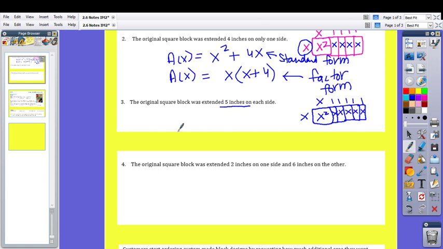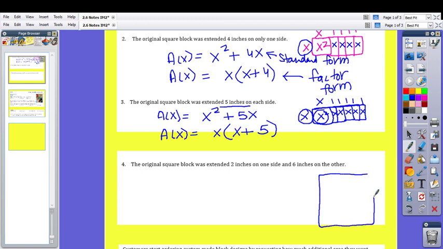So this time you have 1 x squared, and then you have 5 of the x's. If you are writing it down as factor form, then you will say x times the side, so x plus 5. Okay. Now it is saying if you are extending the square block by 2 inches on one side and 6 on the other, then this is how it will be looking like.